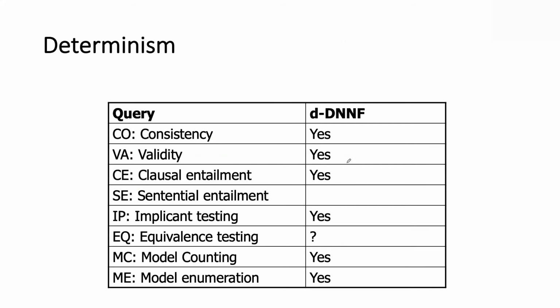So let's look at the general table here. These are the queries. Remember, we're talking about here not just determinism, but determinism plus decomposability. So this is basically a subset of DNNF. And as such, anything that can be done easily on a DNNF should be doable easily on this guy, right?